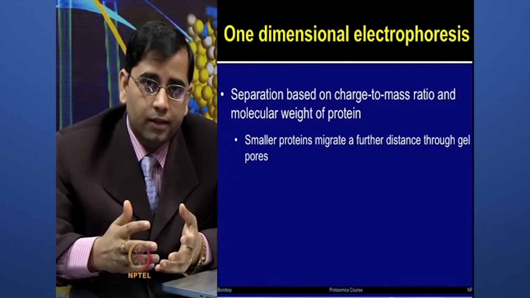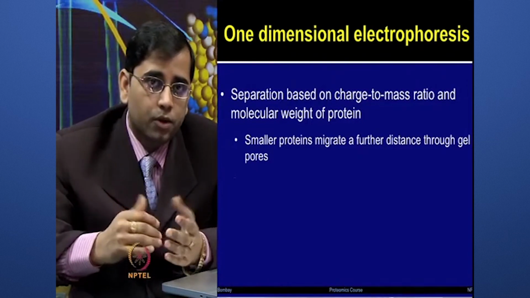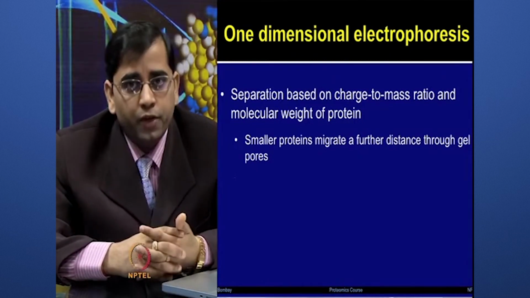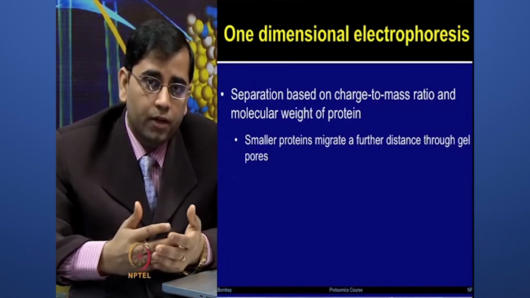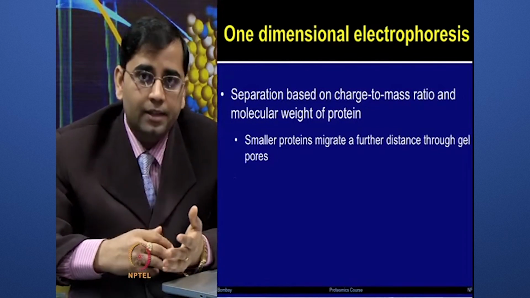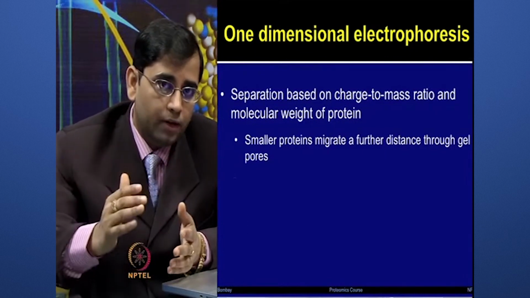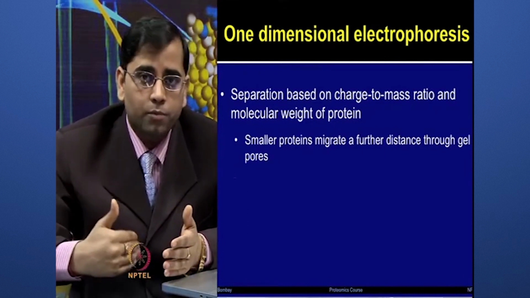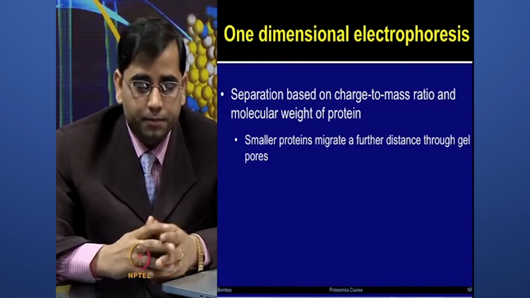If you apply standard molecular weight markers, which give you the known molecular weight of the proteins, then for a given unknown protein you can determine the molecular weight. It is expected that the higher molecular weight proteins will remain on the top, and the smaller molecular weight proteins will reach towards the bottom of the gel.